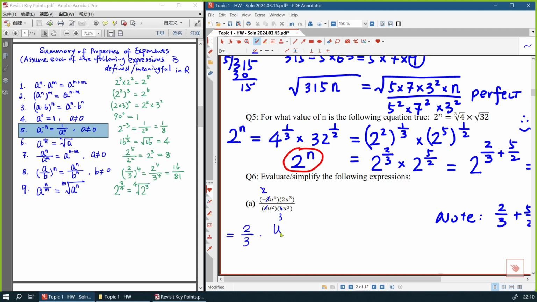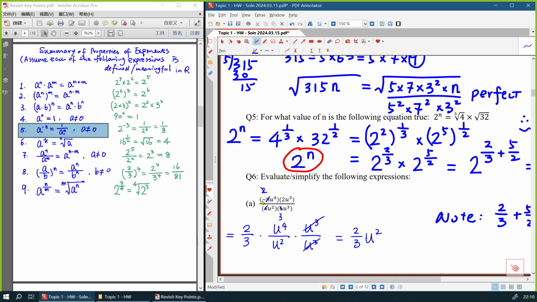So basically, you have u to the power of 4 over u to the power of 2 times u to the power of 3, then u to the power of 3, right? So these two can be cancelled with each other. That leaves us 2 over 3 times u to the power of 4 minus 2, which is 2, right?